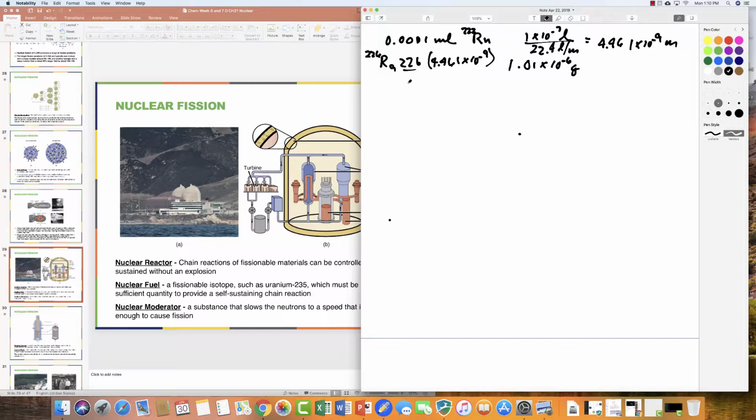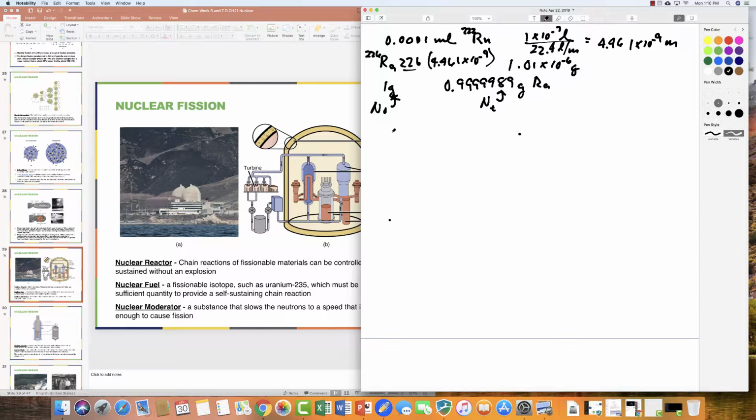And if you subtract that from the original 1 gram of radon, you end up with 0.9999989 grams of radon. So N0 is 1 gram, and NT is this number right here.